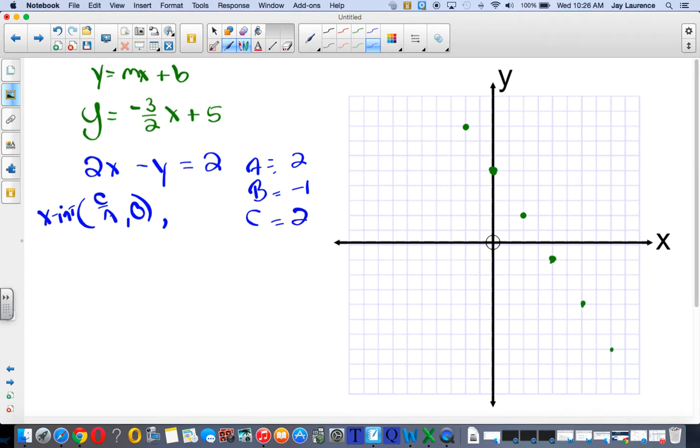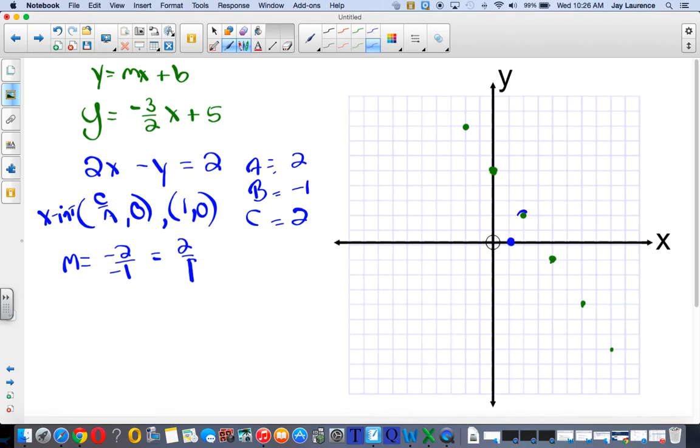So that's going to be the point 1, 0, right? If I do 2 divided by 2. So 1, 0 is right there. And then my slope, I'm not going to find the y-intercept in this one. I'm going to find the slope, which is going to be the negative of A over B, and that'll be 2 over 1. So I'm going to rise 2, run 1.